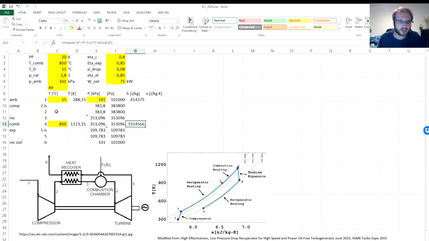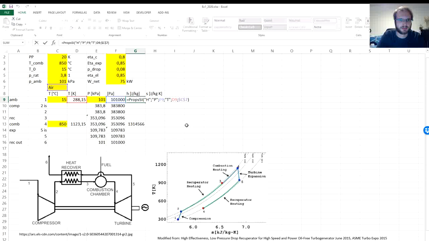Now how to get the parameters after the compressor or after the expander. That is where we will use at first the isentropic process, and then correct the isentropic values to actual real values. So for the isentropic values we will need to get the entropy. So the function goes similarly to the enthalpy.